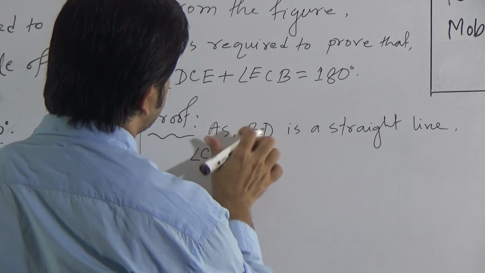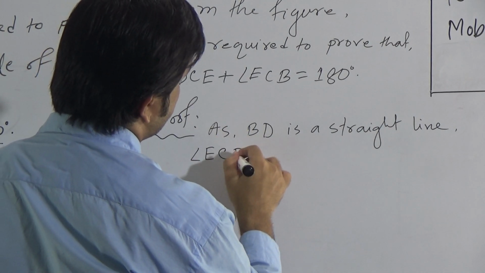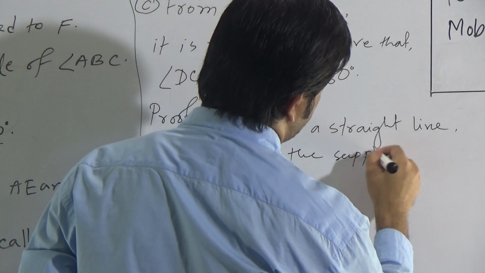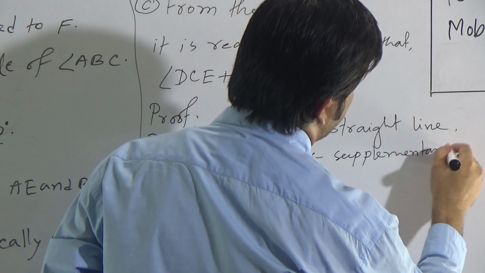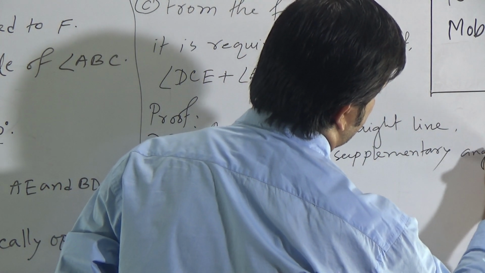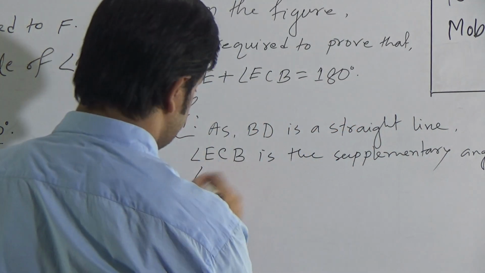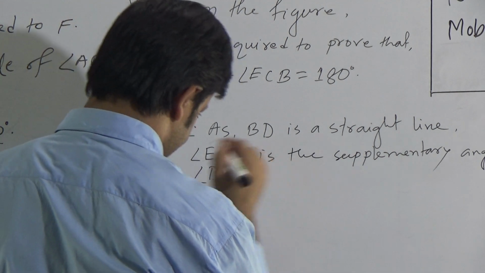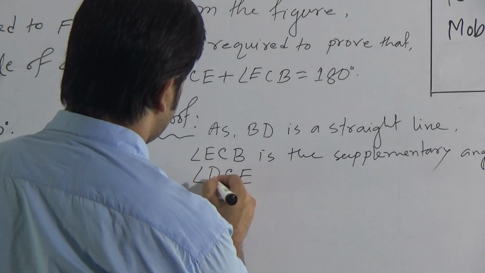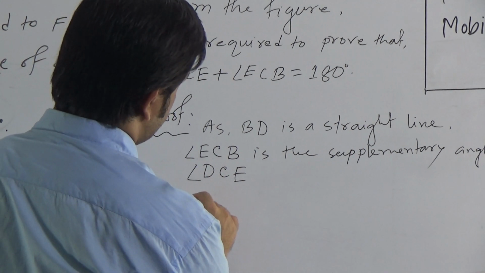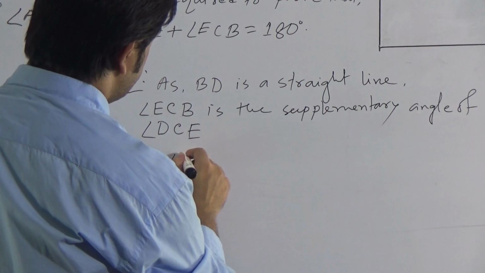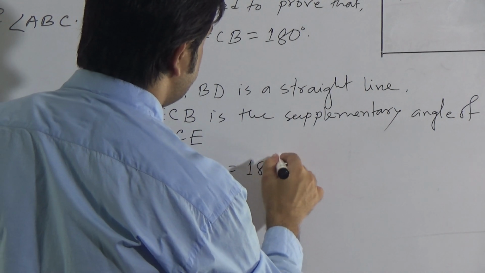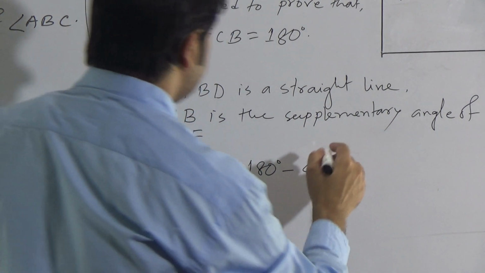Angle ECB is the supplementary angle of angle DCE. So we can say that therefore angle ECB is equal to 180 degree minus angle DCE.